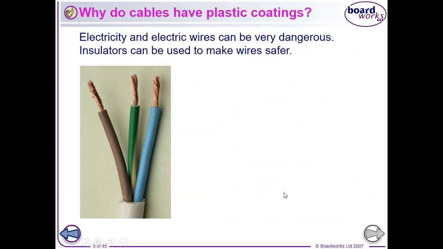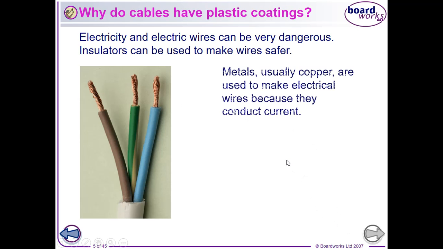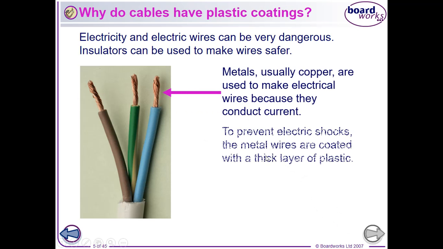Now, why do we need to know about insulators and conductors? Well, in electrical cables, the metal on the inside is the conductor, which carries electrical current. But around the wire, we add a plastic or a rubber layer, which is an insulator, so it does not conduct.